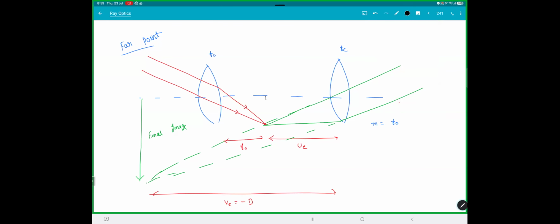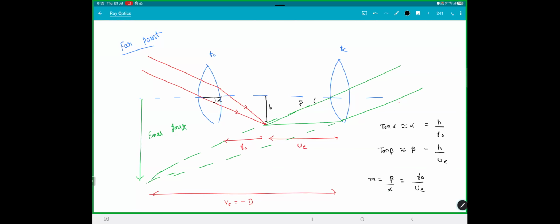If you look at this angle here, this angle was alpha, this angle was beta. We do the same thing again. So tan alpha is approximately alpha, which is h by f naught, and tan beta is approximately beta, which is h by UE. So magnification is beta by alpha, which will be f naught by UE.